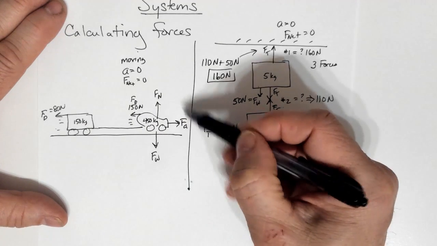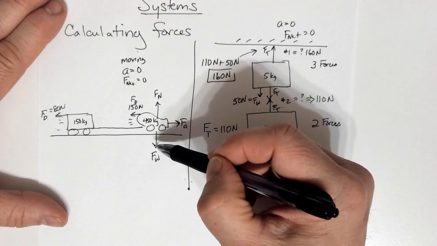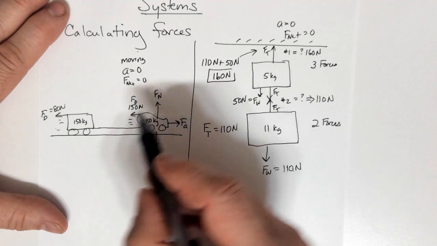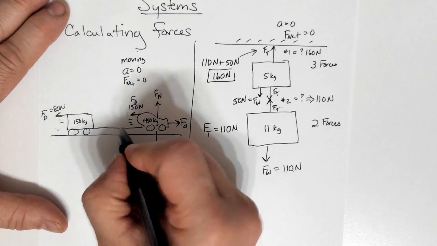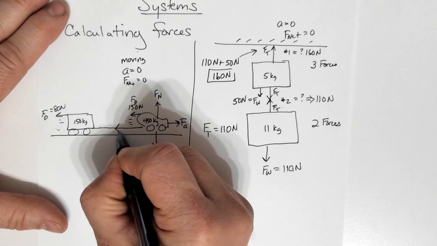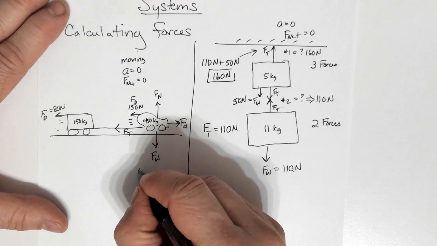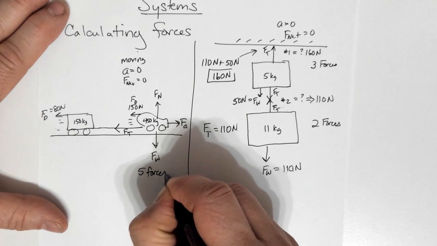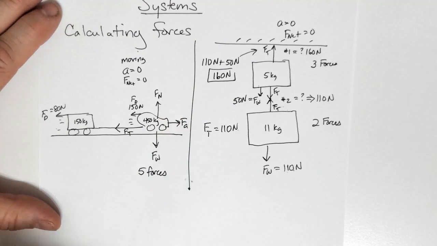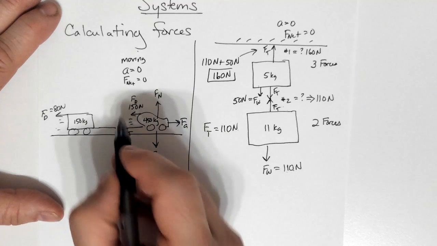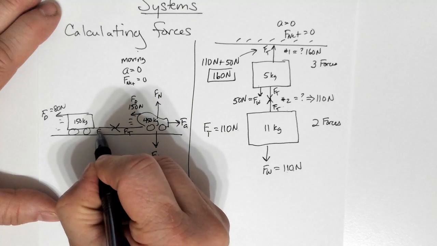So this one has 1, 2, 3, 4, but I gotta be careful. It is attached to this trailer. So there is a force of tension in there. So I see 5 forces. Okay? This one, I know there's a cable attached, so there is a tension in there.